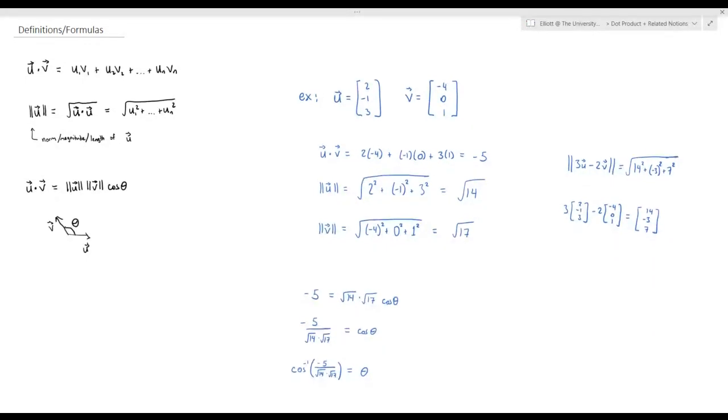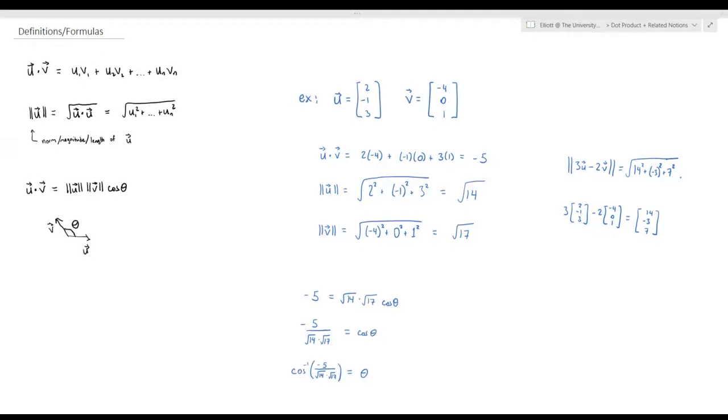I'll just stop here, but you can continue simplifying by computing the squares and adding, okay? So any questions about that? I think probably most of you are familiar with these formulas.